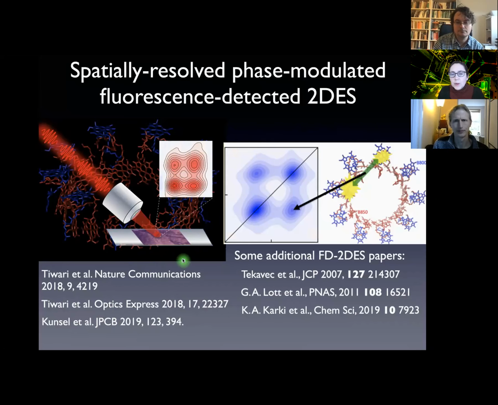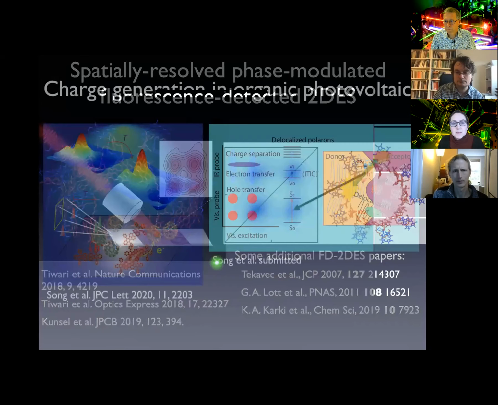I'd also like to point out some papers. The method that we've been using is a phase modulated approach that was pioneered by Andy Marcus's group in Oregon. So if you're interested in this subject, here are some relevant references.